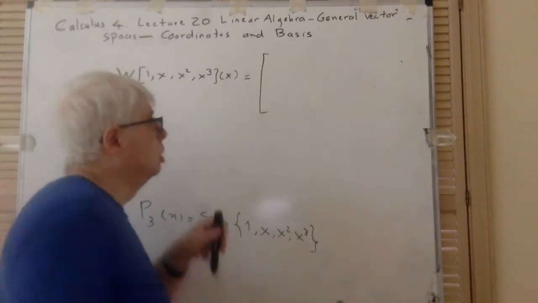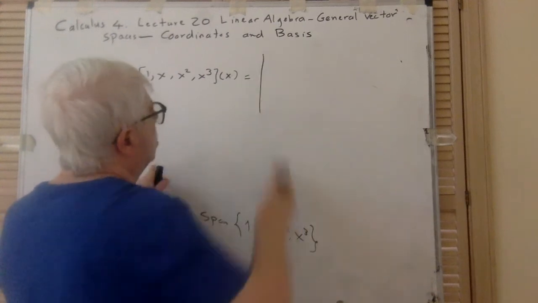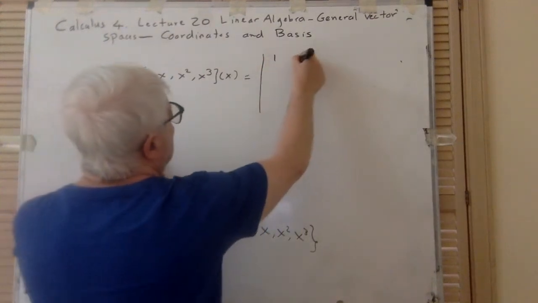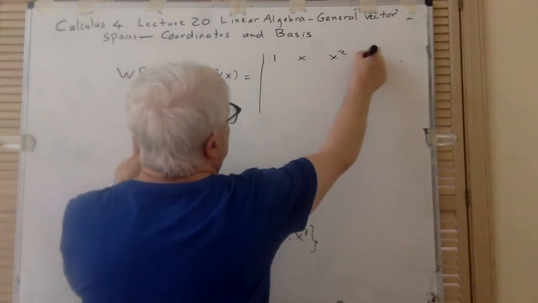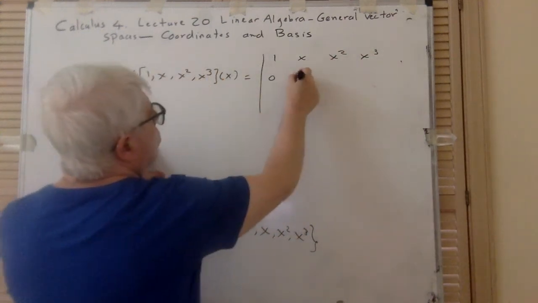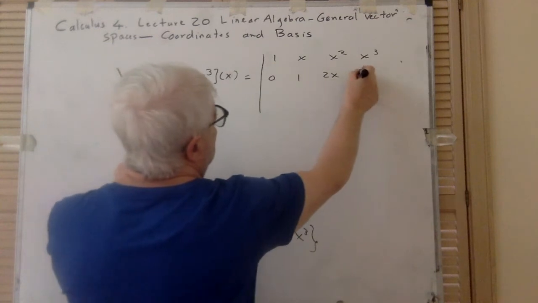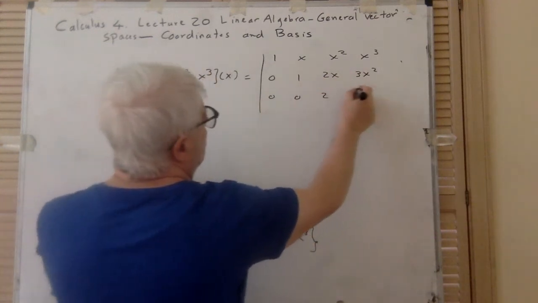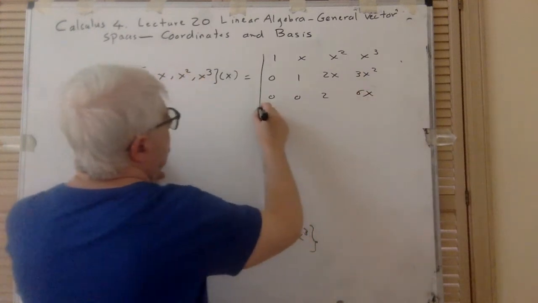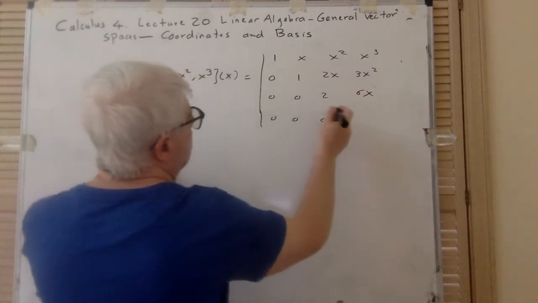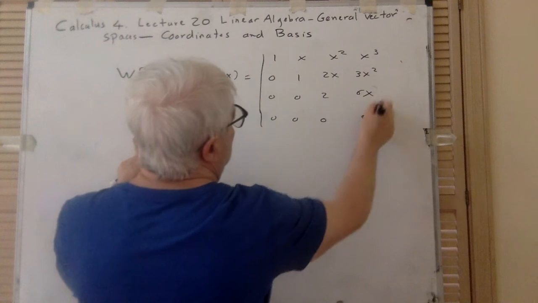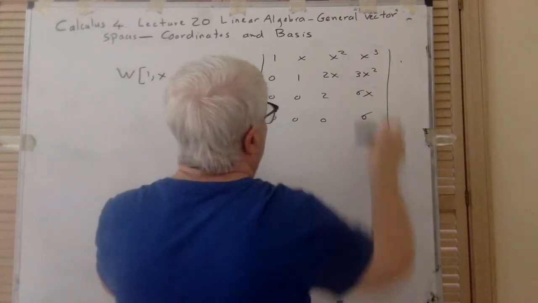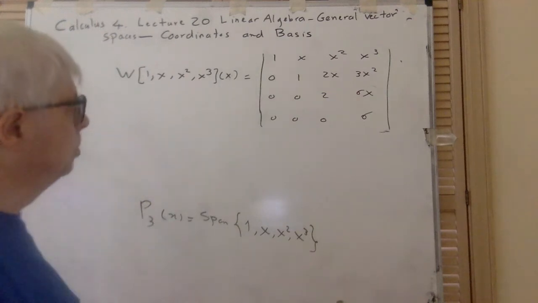So let me write the determinant notation. That is 1, x, x squared, x cubed. The derivatives are 0, 1, 2x, 3x squared. Then 0, 0, 2, 6x, and the last row is 0, 0, 0, and just 6. Right?